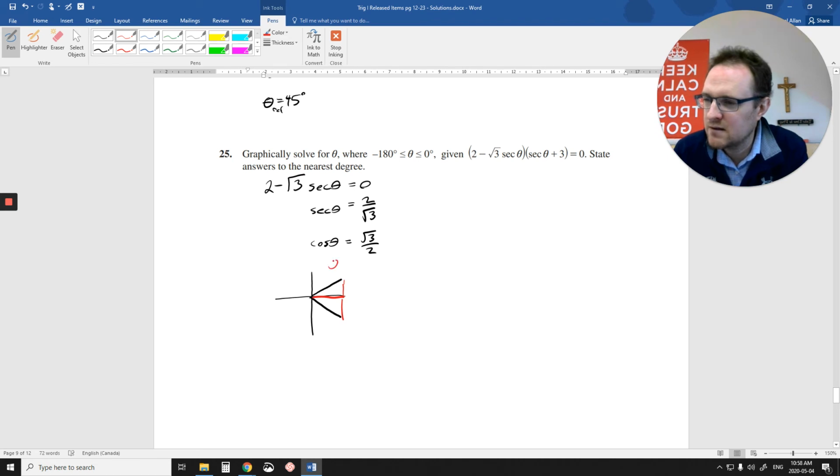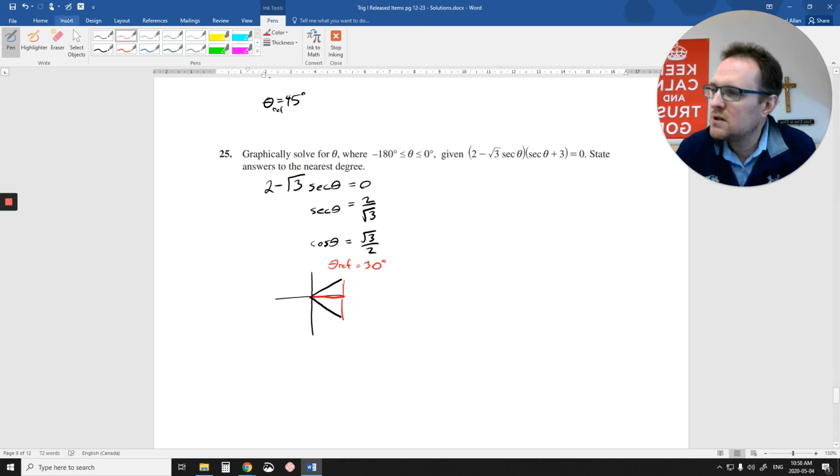The reference angle for this is 30 degrees. Remember, you can just take the cos inverse of that, and that'll get you the 30 degrees that you want to find. So my two angles right now, just for the first circle, are 30 degrees and 330.